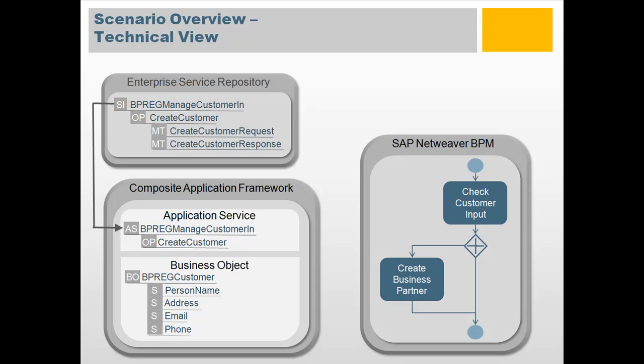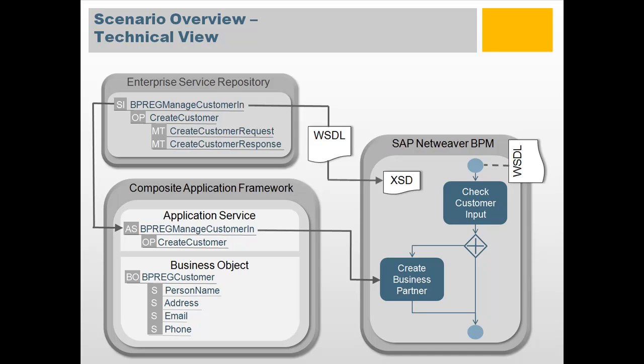Next step will be to implement our own SAP Netweaver BPM process with a human activity and an automated activity. The automated activity will use the service we published in the service registry from the composite application framework, and we can also use our definition from the enterprise services repository to define the process context of our SAP Netweaver BPM process.